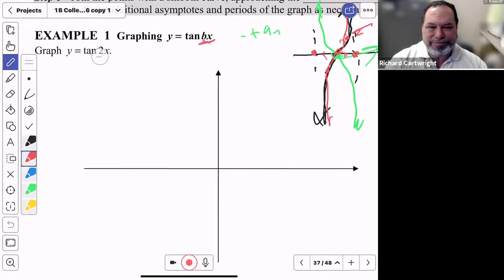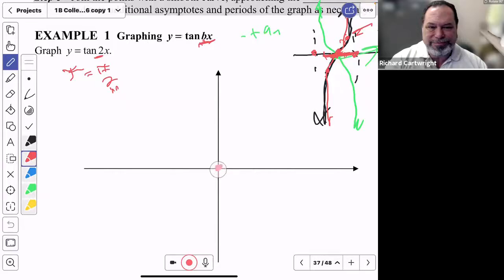So if my B is a 2, I need to realize that my period will be pi divided by 2. That means it takes pi over 2, or I could call it 90 degrees, to complete a whole picture. So wherever the midpoint is, this whole distance is 90 degrees. And since tangent, if it isn't shifting left or right, starts right here.